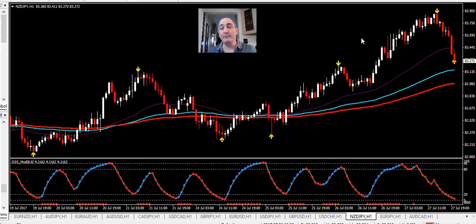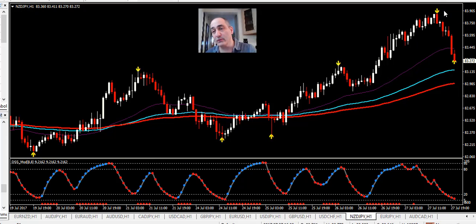Now, sometimes what happens is, with IMarketsLive, we have the swipe trade alerts. And a lot of times in a currency like this, I will get an alert from IMarketsLive telling me that I should sell NZD/JPY.